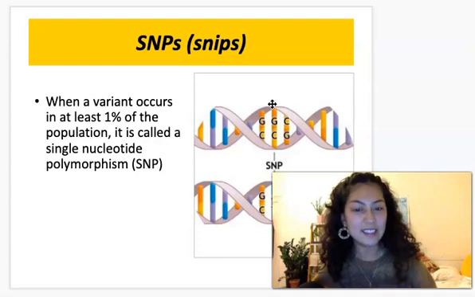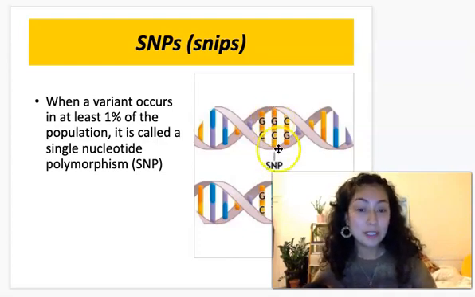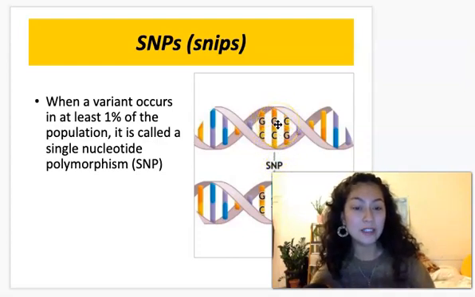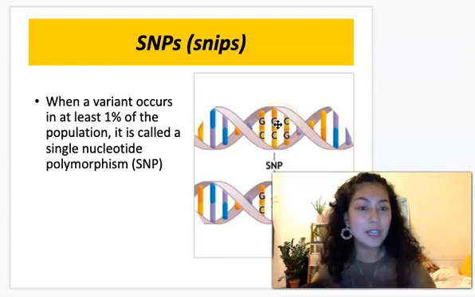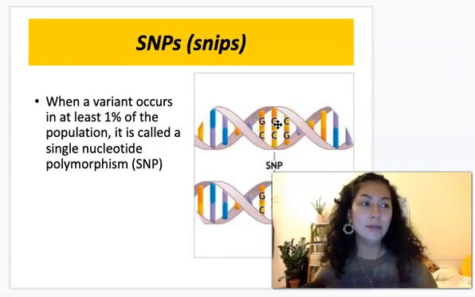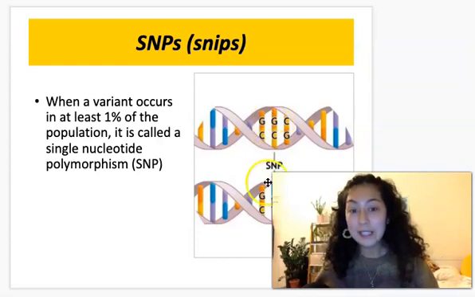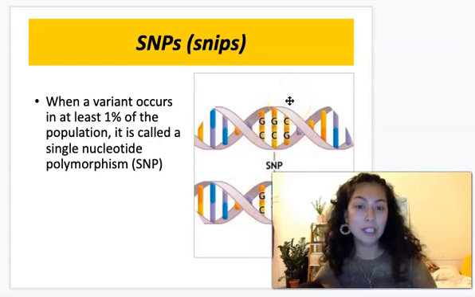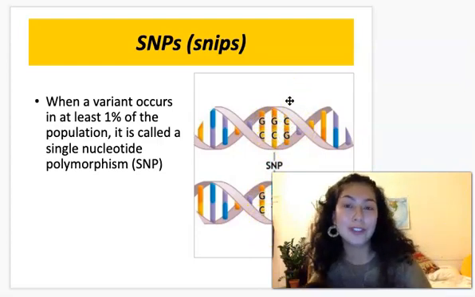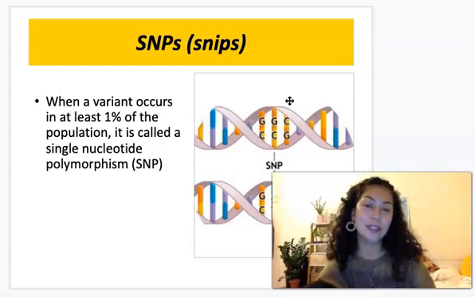Sometimes when this switch occurs in coding DNA, it can cause a mutation or an incorrect production of protein. When this switcheroo occurs in at least 1% of the human population, it's known as a single nucleotide polymorphism, also known as a SNP.